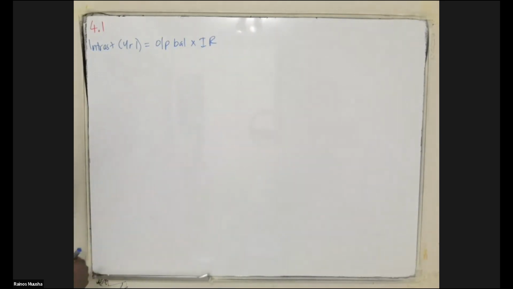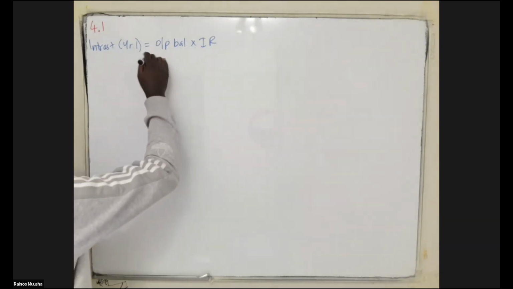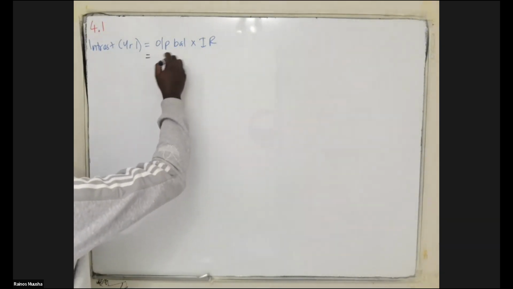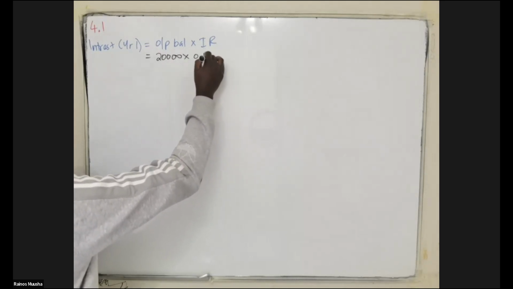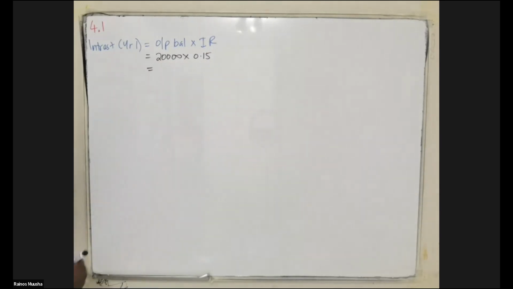So in this case for year 1, the opening balance is 20,000. The interest rate is 0.15. And how much do we get as the interest?